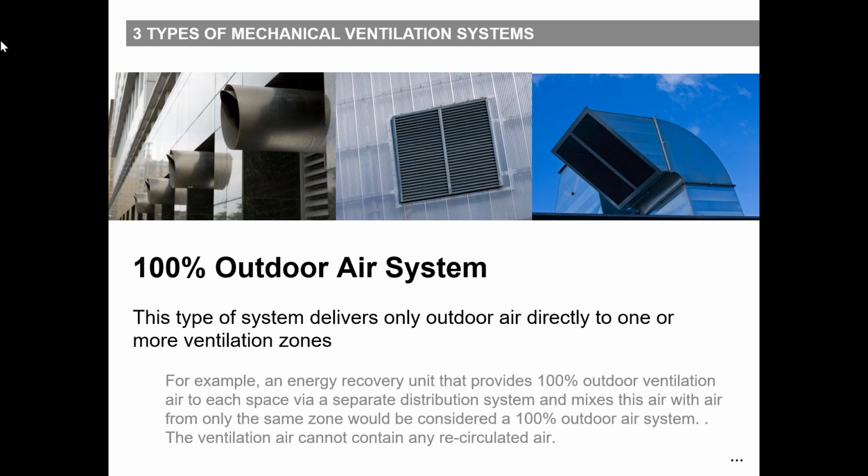You just have to be thinking this is 100% outdoor air, so it cannot contain any recirculated air. That's a good one to remember. You can see below for an example, there's an energy recovery unit that brings in 100% outdoor air and distributes it, and then we can count that as our outdoor air system. Good one to remember for this one, it just can't contain any recirculated air.